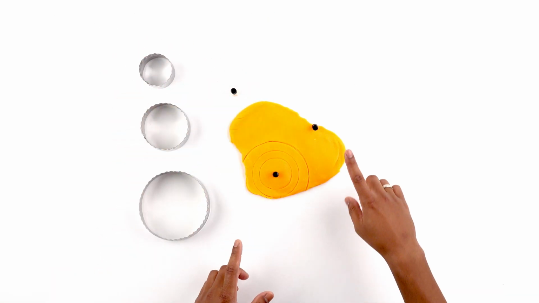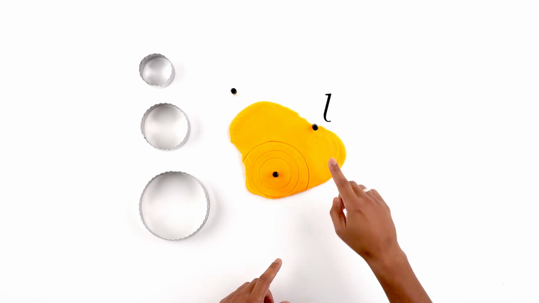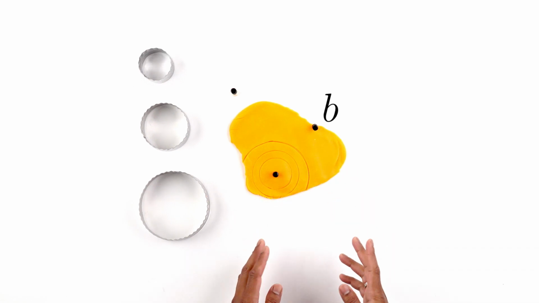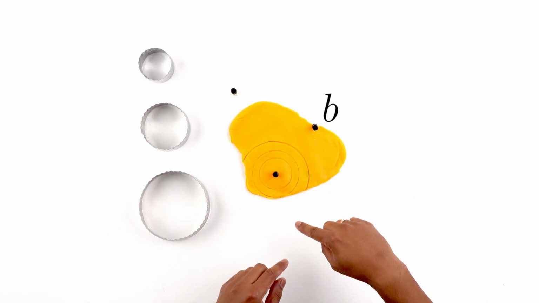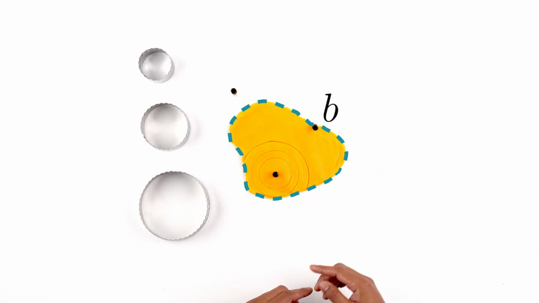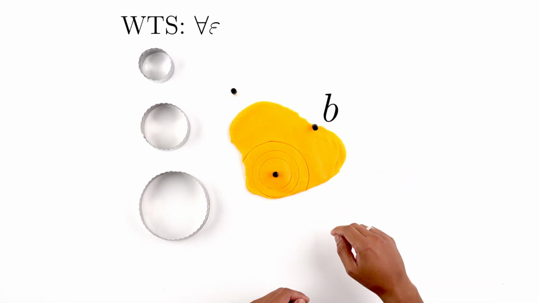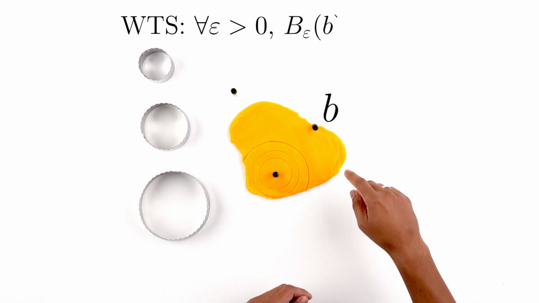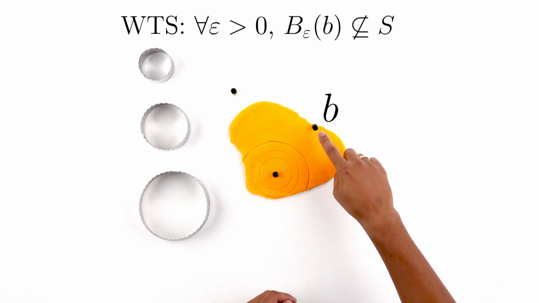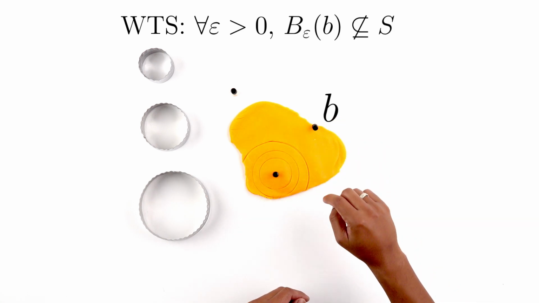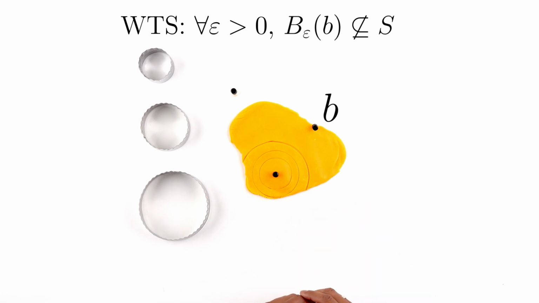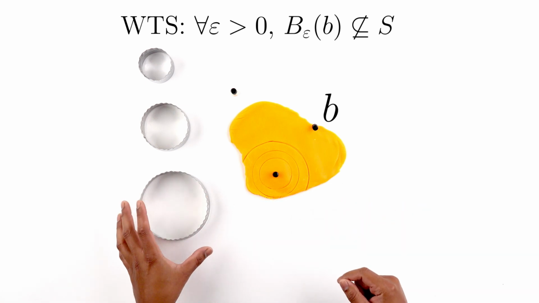Finally, is the point B an interior point of S? Intuitively, again, no. It is on the edge. But remember, we must check the definition. For all epsilon greater than 0, the open epsilon ball centered at B should not be a subset of S. So let's try some.